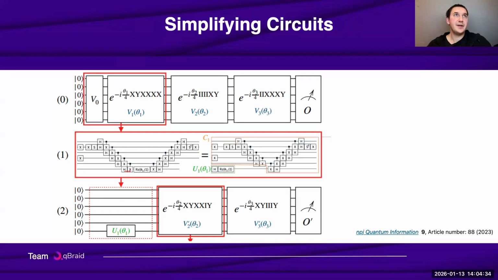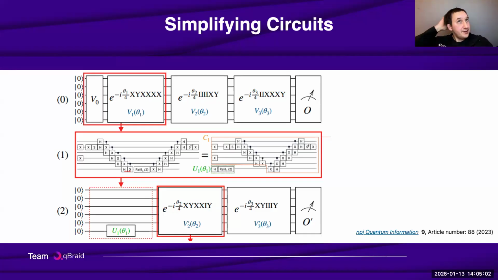So this is, you've got some starting state V0, which in this case is a single layer of X gates for, say, Jordan-Wigner. And then you've got these Trotter circuits. And you can look at this. In this case, in the middle there, they swapped the H and X control X gate.